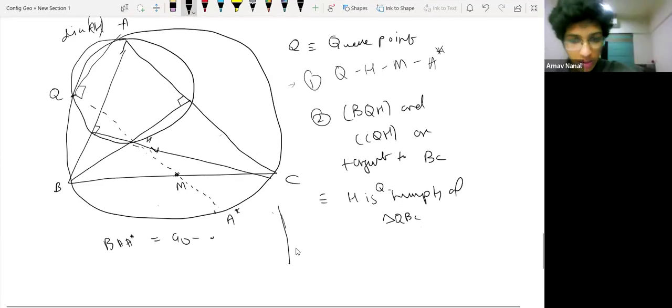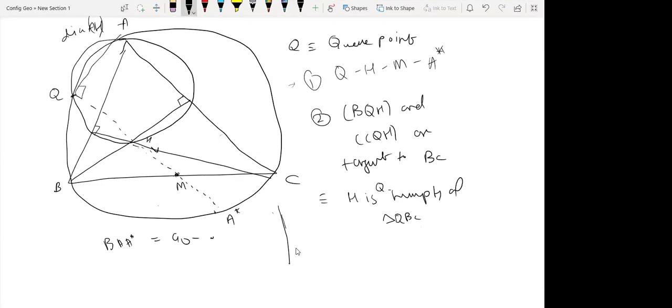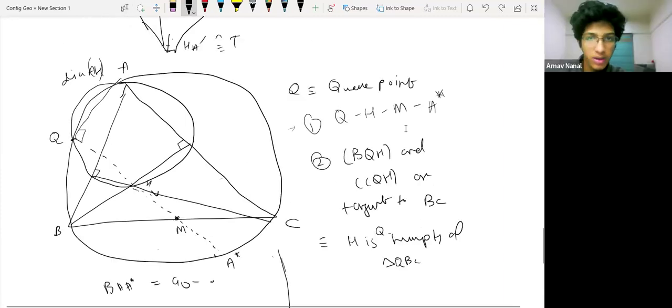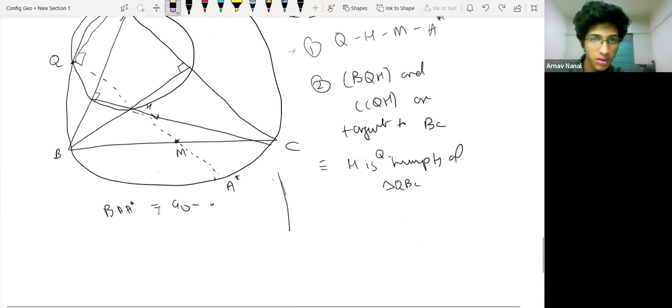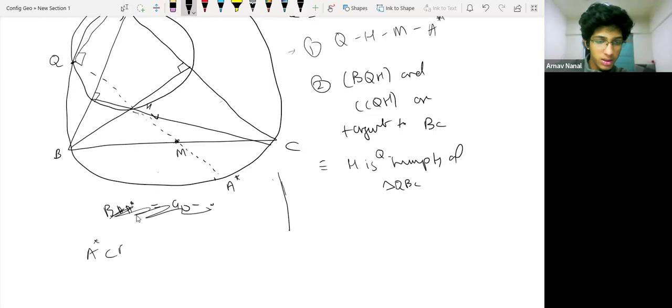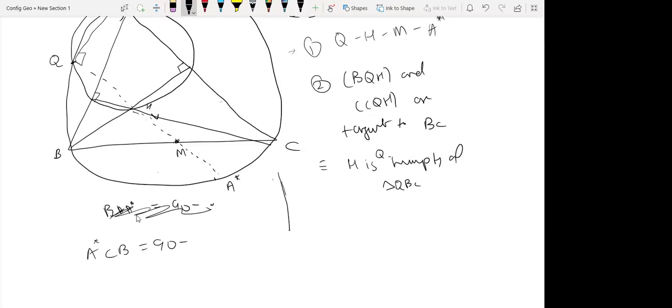Yes, yes, yes. So we know that A star CB is 90 minus C, which implies, let me write, A star CB is equal to 90 minus angle C, ACB.